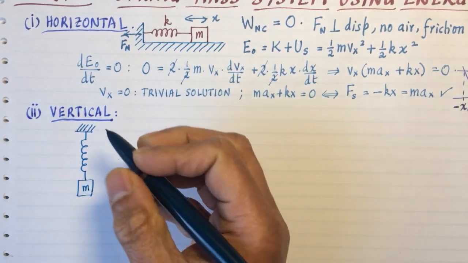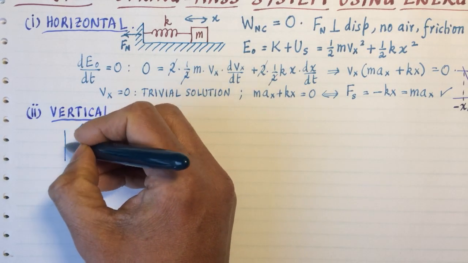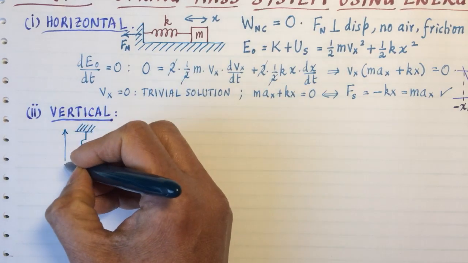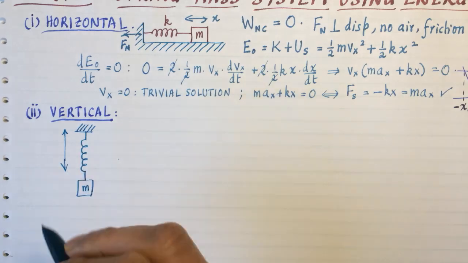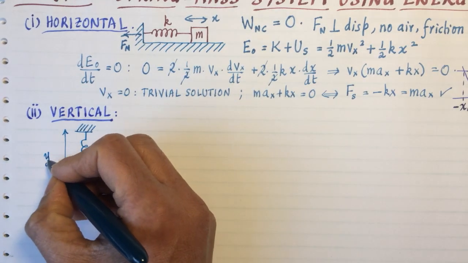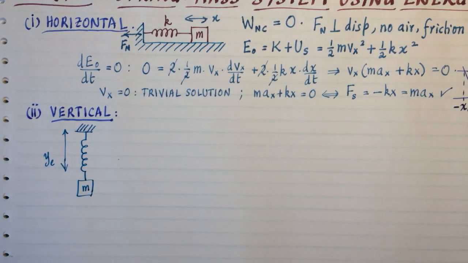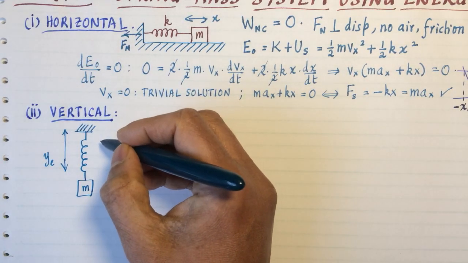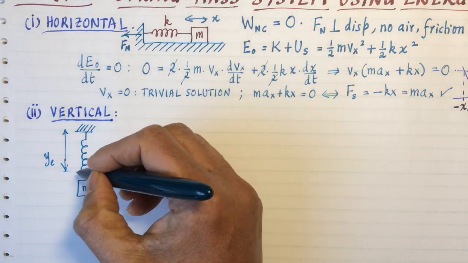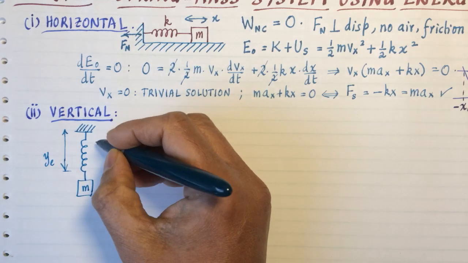I'm going to introduce some variables. When the spring is hanging without any oscillations, if it's not moving up and down, if it's just hanging there, I'm going to call that the equilibrium distance, y sub e. And the spring is going to get stretched from its unstretched length.